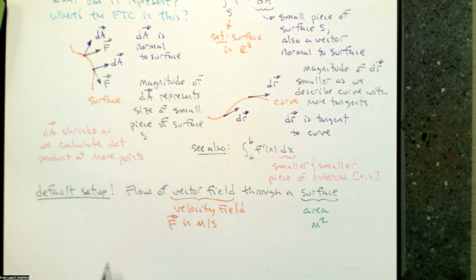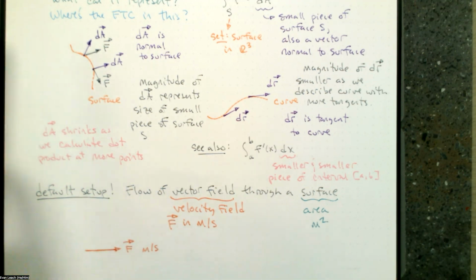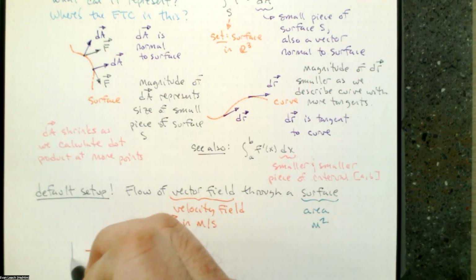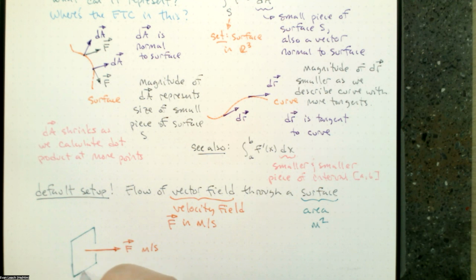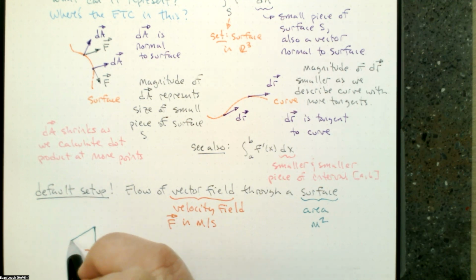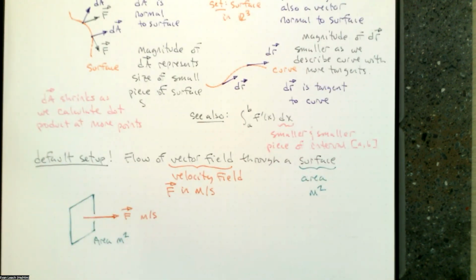If we have some constant vector field flowing through some surface, if the vector field is the same throughout the area, then what we're calculating is going to be meters per second times square meters.